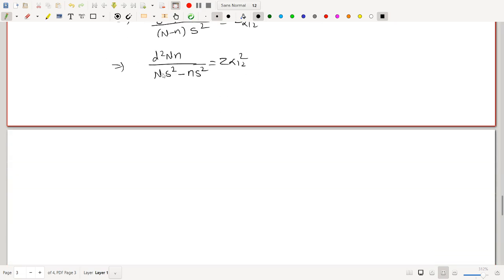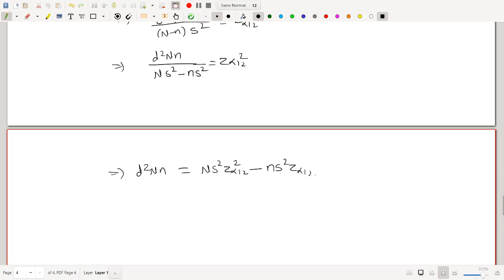Now send this quantity to this side. So this will be d square n which is equal to N S square z alpha by 2 square minus small n S square z alpha by 2 square. Now send this quantity to this side.